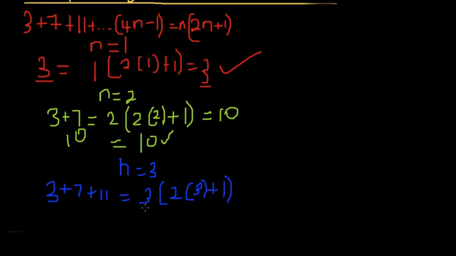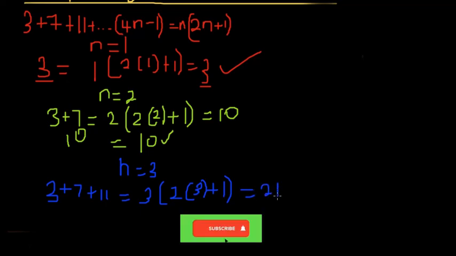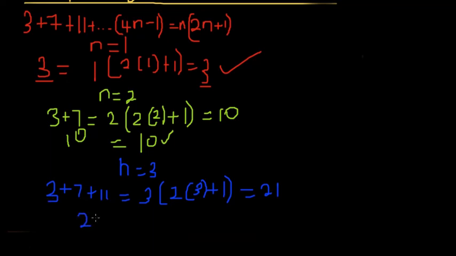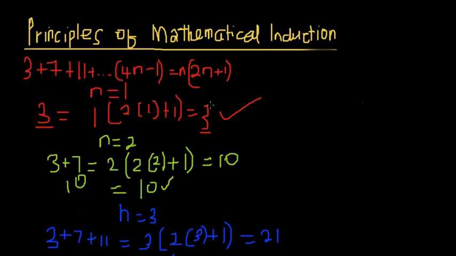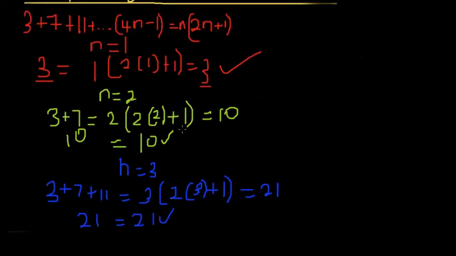When we do this calculation, you can see that this is 21. Then let's look at this side too: 3 plus 7 plus 11 is also 21. So the left hand side and the right hand side are equal. From this principle you could see that our proof is correct, both the left hand side and right hand side are equal.